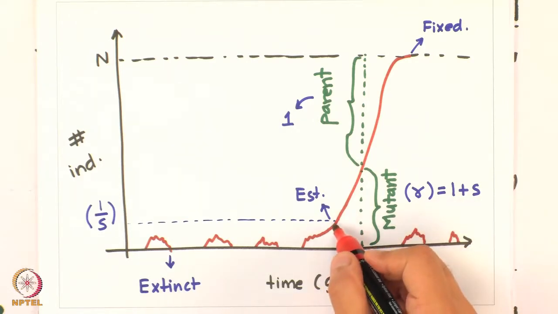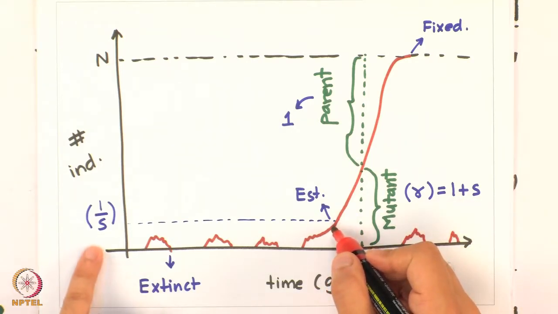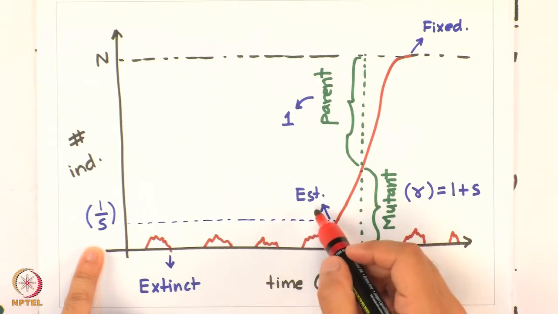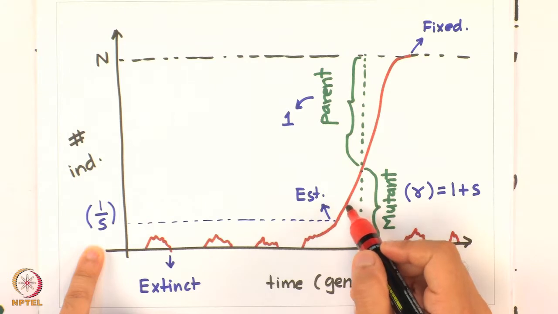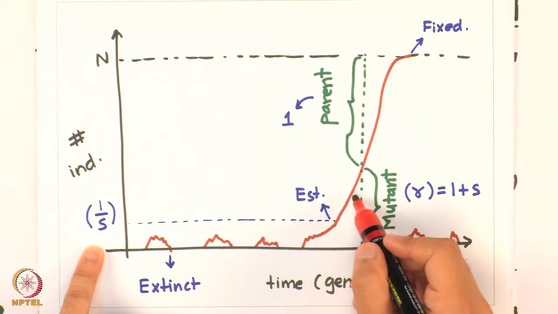If the numbers associated with the mutant exceed 1 by s, that is when we say that the mutation has become established. Beyond establishment, randomness does not play a role in deciding the fate of the mutation.